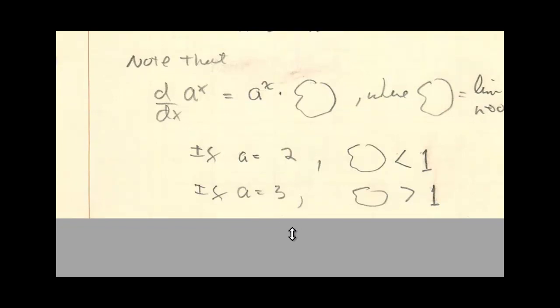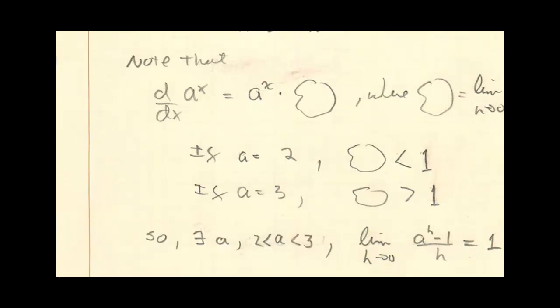So in a somewhat interesting way that mathematicians have of doing such things, since there is an a between 2 and 3 for which that limit is 1, we're simply going to say let's call that number between 2 and 3 for which this limit is 1, and which gives us the fact that the derivative of a to the x is equal to a to the x, and we'll just define that number a that makes that happen as e.